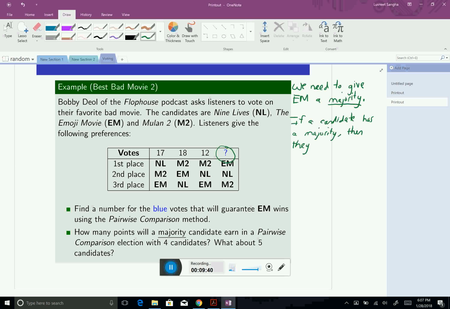So if a candidate does have a majority, then they beat everyone else with over half of the votes. They have over half of the votes, so they're going to beat everyone else. So what this shows is if somebody has a majority, then they win all of their matchups.